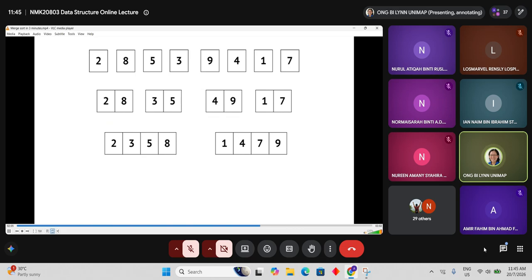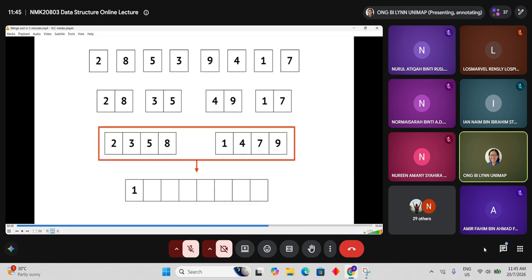One more merge, and we'll have our sorted array. And that's it. Our array is now sorted.